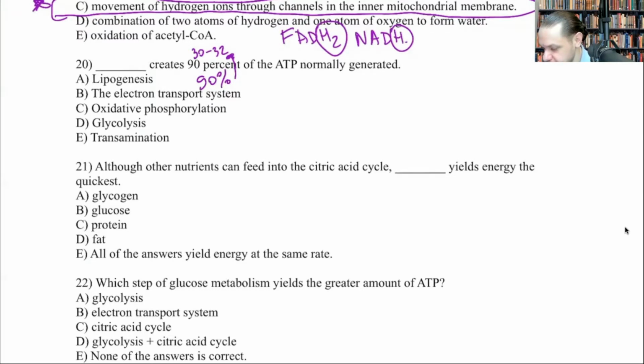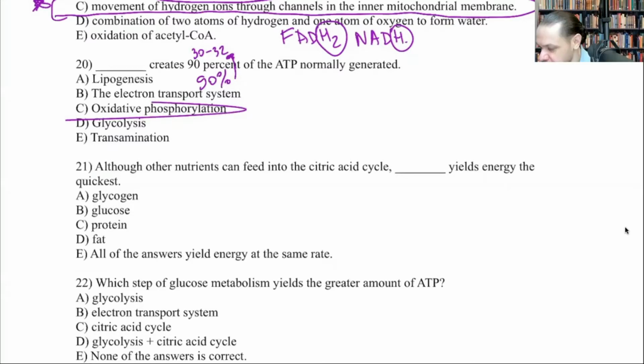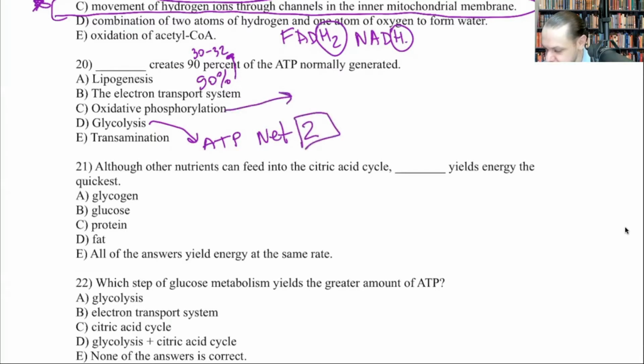No, I said oxidative. I said glycolysis, C. But it's C? It's not glycolysis, because why is it not glycolysis? How much do we make in glycolysis only? What is the net? Net was 2, right? And you need the oxygen, it needs to be not hypoxic. Yeah, exactly. 32 ATP, right?